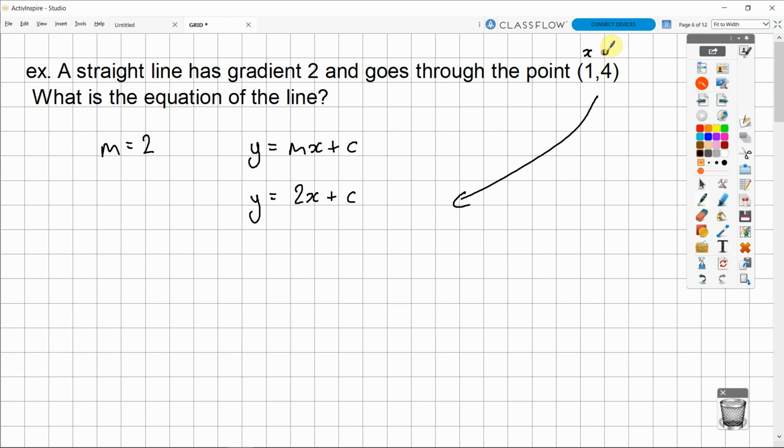This is an x value, this is a y value, and so it follows that 4 must equal 2 times 1 plus c, just by substituting in x and y into the appropriate parts of the equation. If we simplify that a little bit and solve the equation, we discover that c is 2. It's a coincidence that these have the same value.